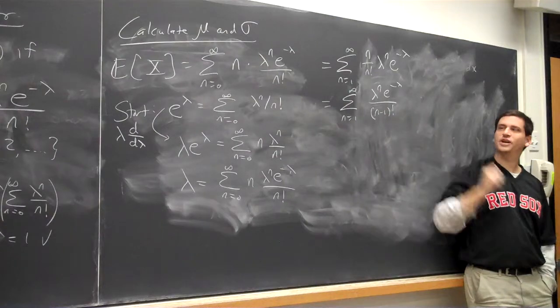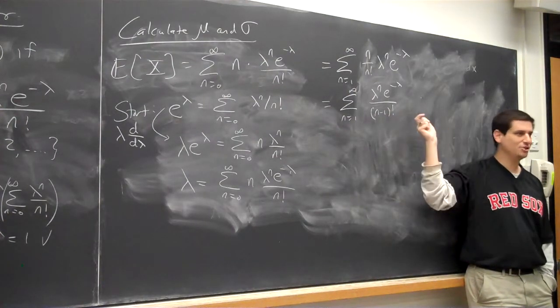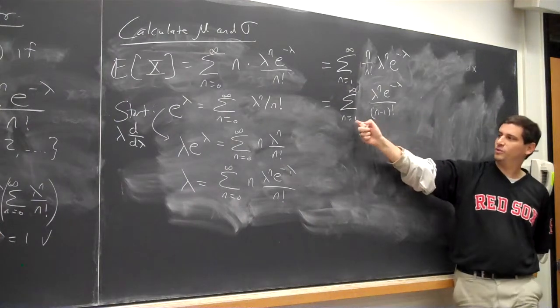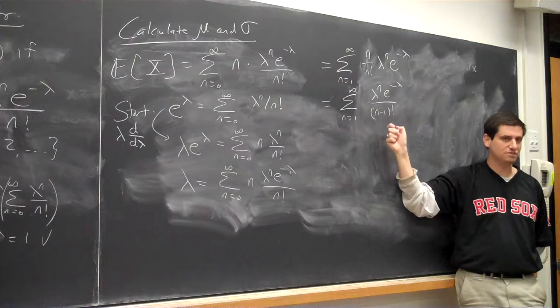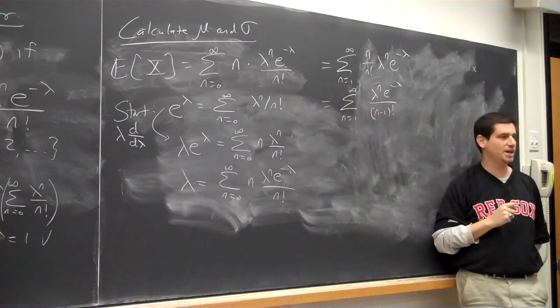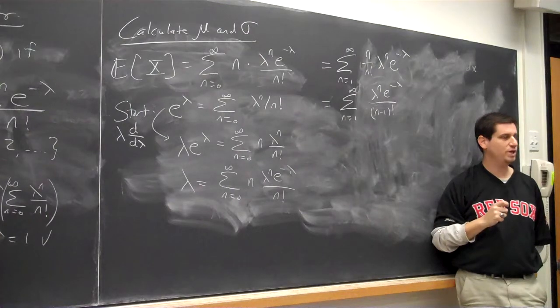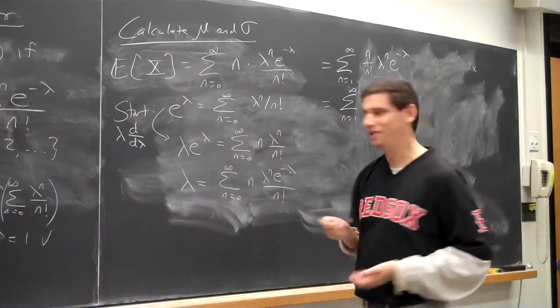This looks an awful lot like something we've seen before. It looks a lot like the Poisson. We're starting off with n equals 1, but we have n minus 1 factorial down here, so we are having a 0, a 1, a 2, a 3. The problem is we have a lambda to the n. What should we pull out? Pull out a lambda.